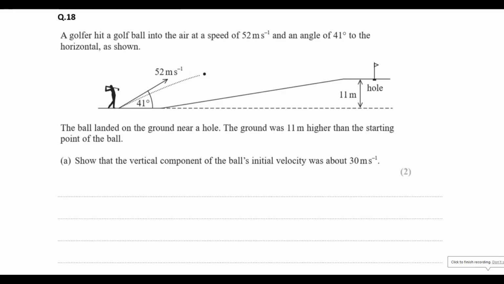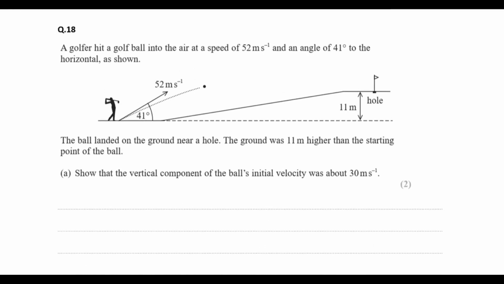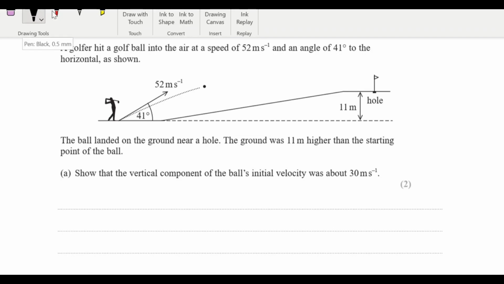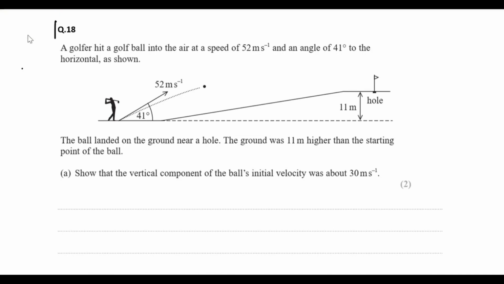Now question number 18. A golfer hits a golf ball into the air at a speed of 52 meter per second at an angle of 41 degrees to the horizontal as shown.